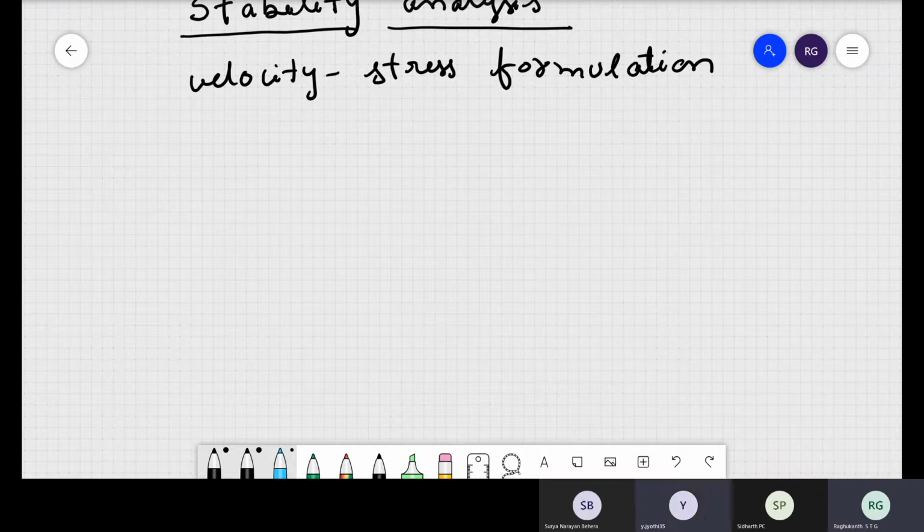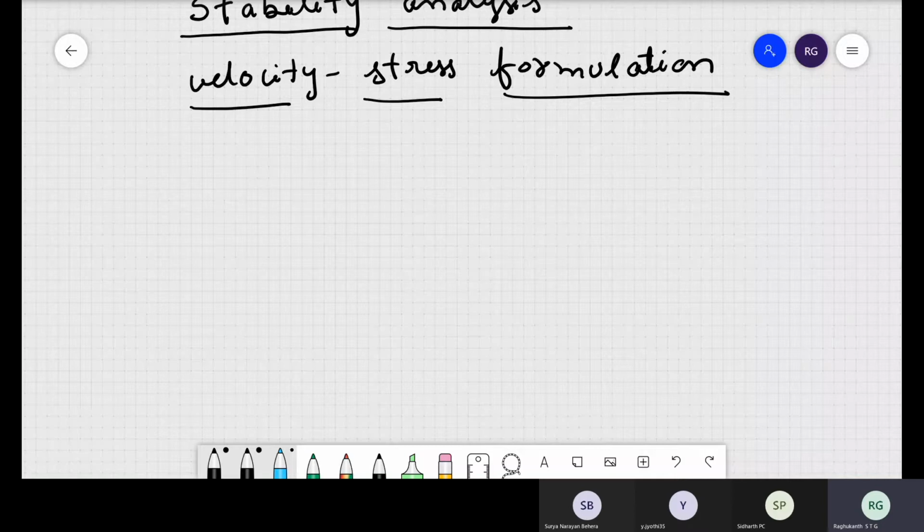So now let us see how to do this for the velocity stress formulation. I think we have already seen the equations previously, but let me write them once again. Just one second.